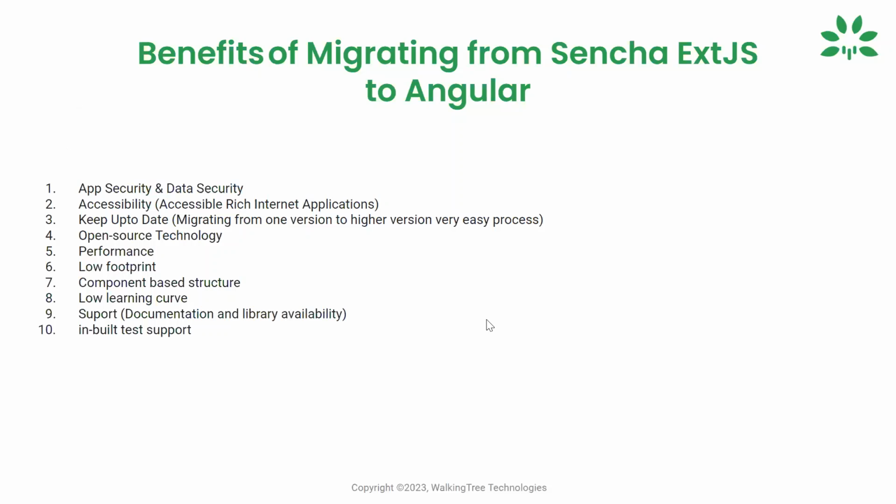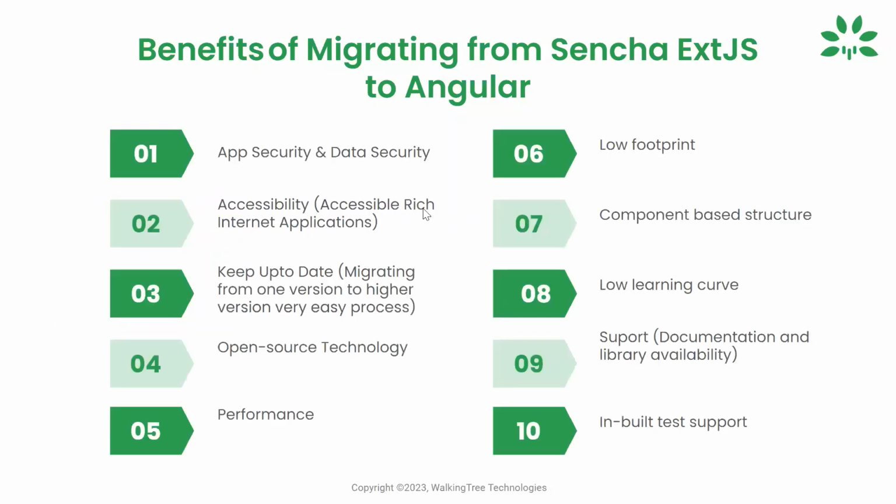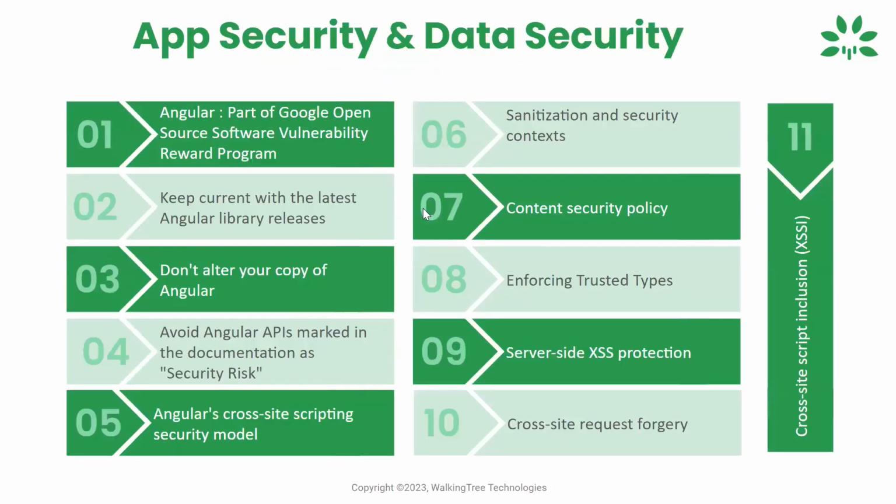The first thing is app security. When it comes to app security, these are the 10 main things that we need to take care of from the server side as well as from the client side. Client means app side.